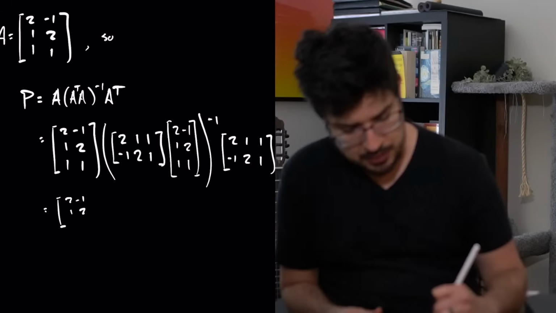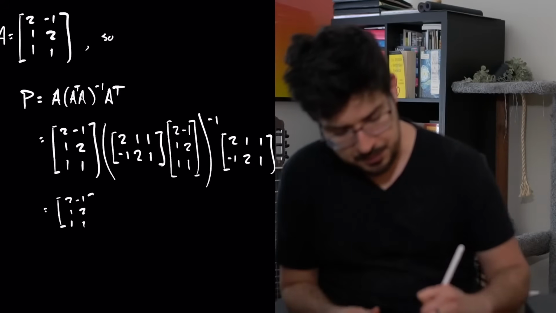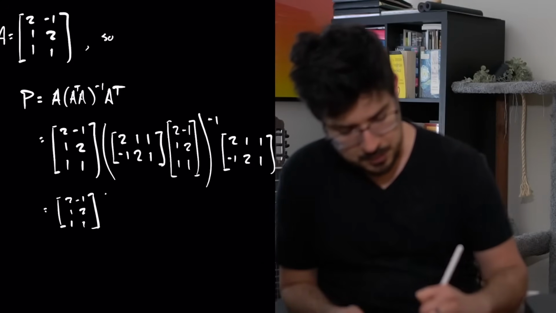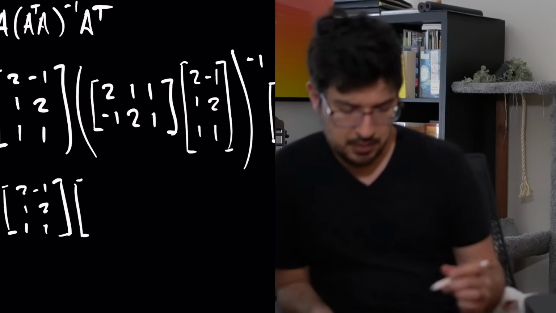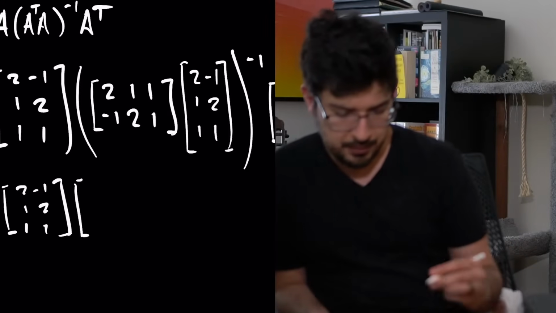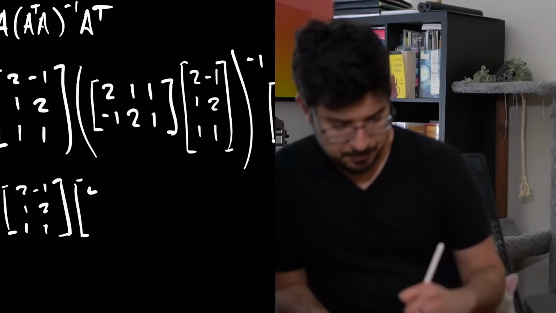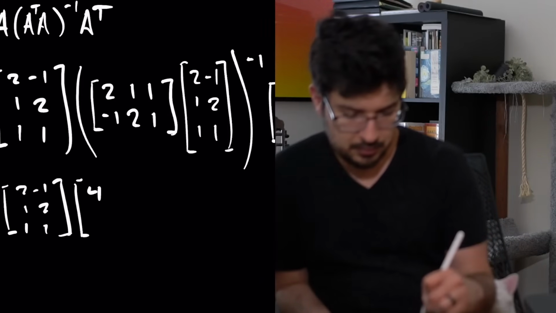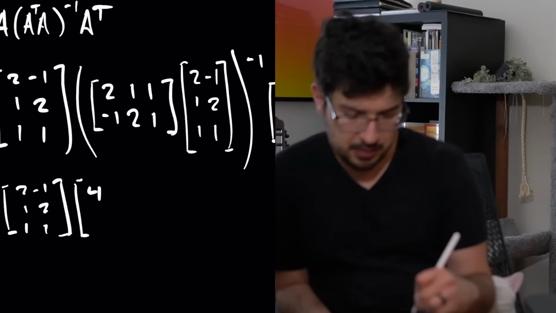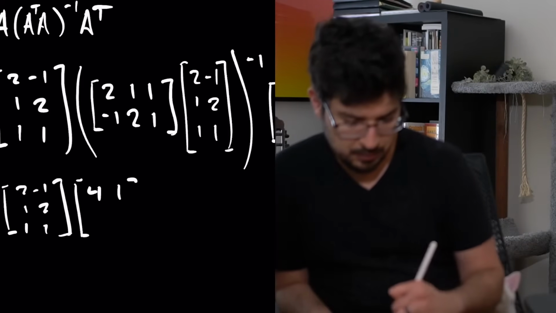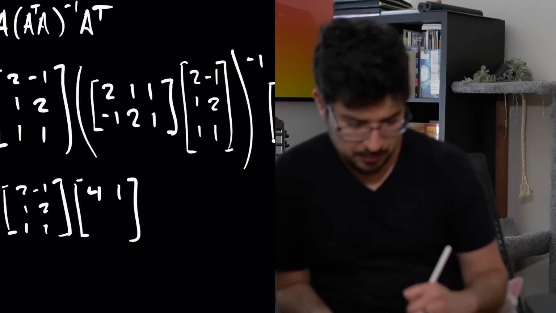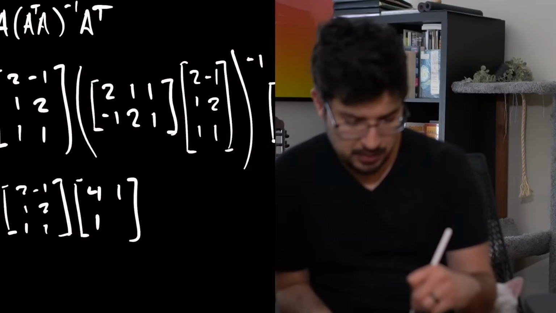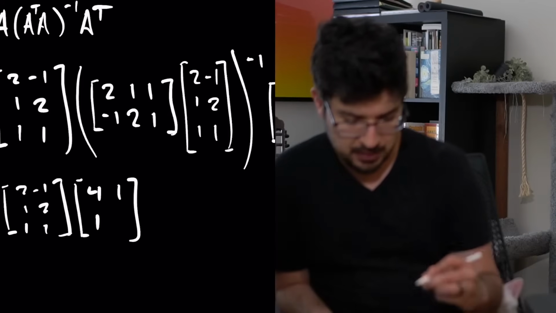And we just do a bunch of calculations. So this is 2, 3, 4, negative 2, 0, 1, negative 2, 0, 1, 1, 5, 6.